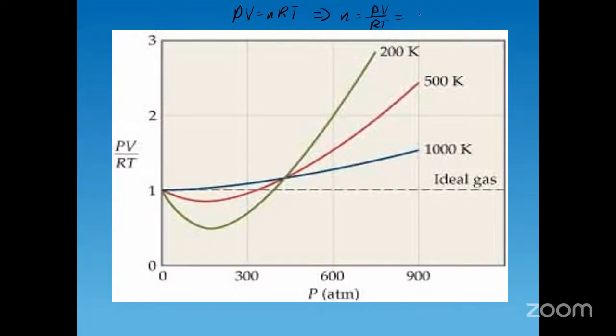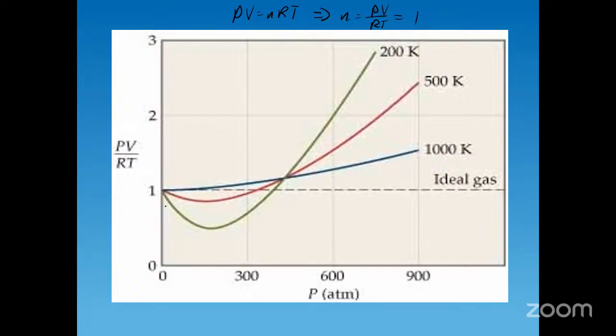Now let's say the number of moles is equal to 1. Then the straight line here represents the plot of PV/RT equal to 1. In other words, the pressure changes, but everything else changes such that it works out to 1, being the number of moles. So this is what happens in the case of an ideal gas.